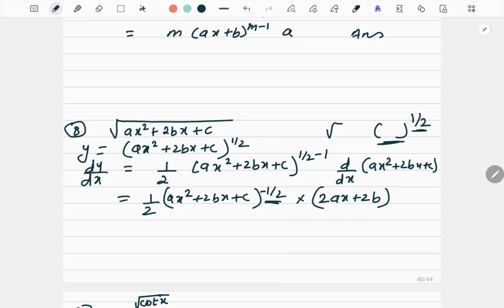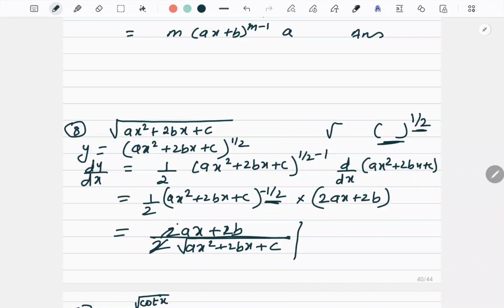This is a negative power, so you can write the whole thing in the denominator. So this will become 2ax plus 2b upon 2 under root of ax square plus 2bx plus c. 2 got cancelled. Right?